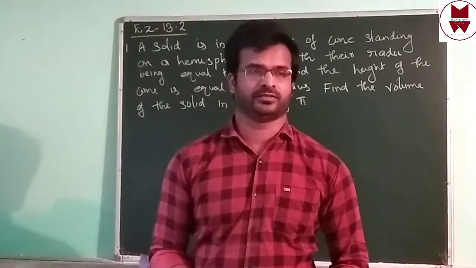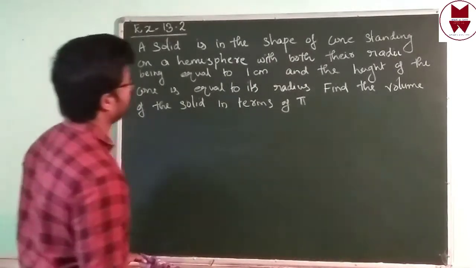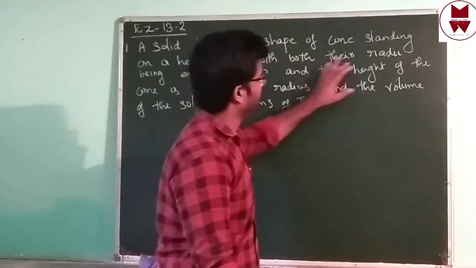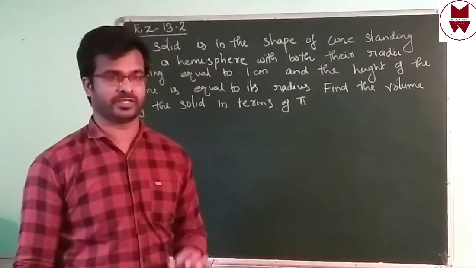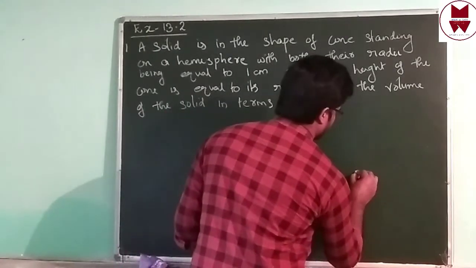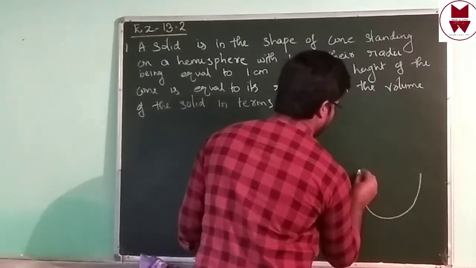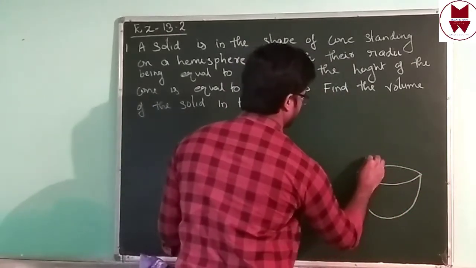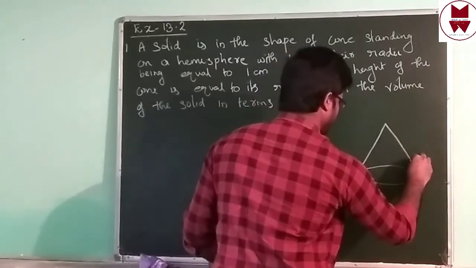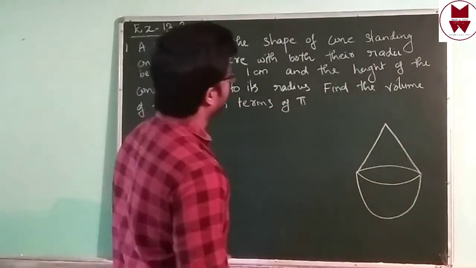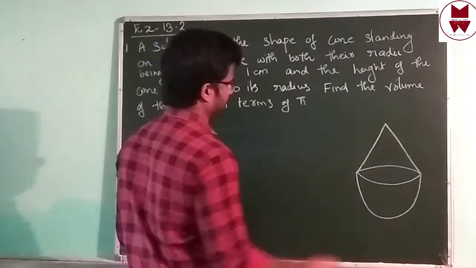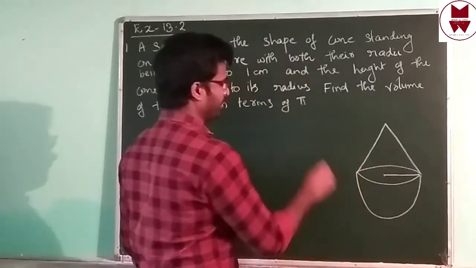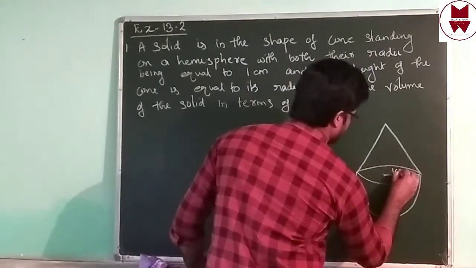Now we can see question number 1. A solid is in the shape of a cone standing on a hemisphere with both their radii being equal. First we can draw that figure. One hemisphere, on the hemisphere one cone, just like this. Then this common radius, that is radius of cone and radius of hemisphere, is given as 1 centimeter.